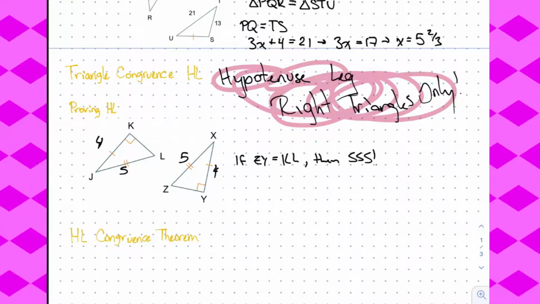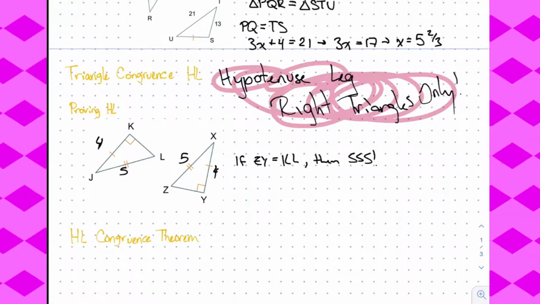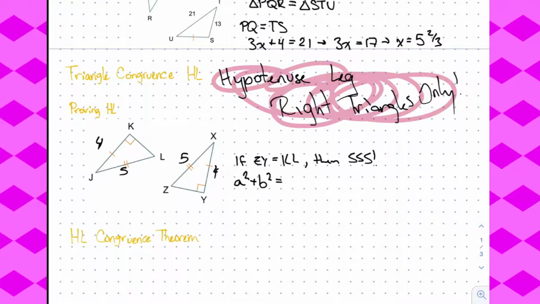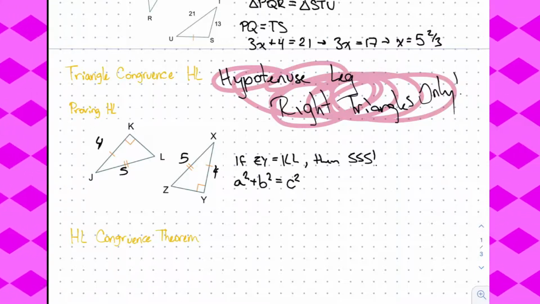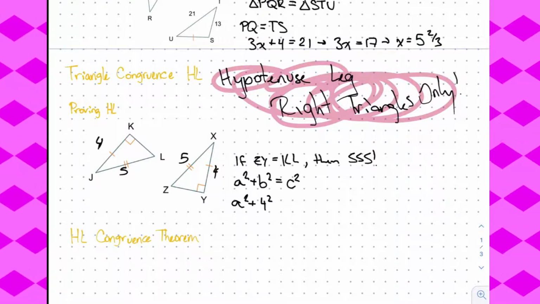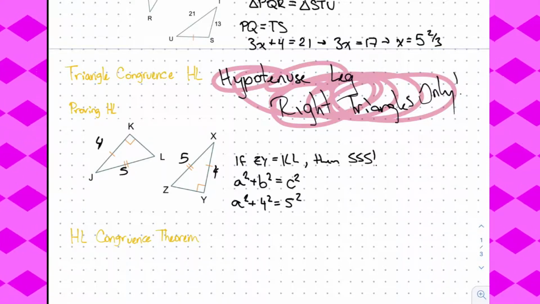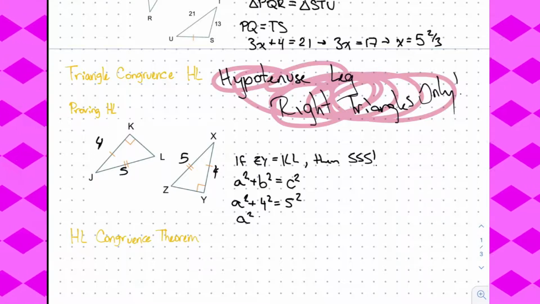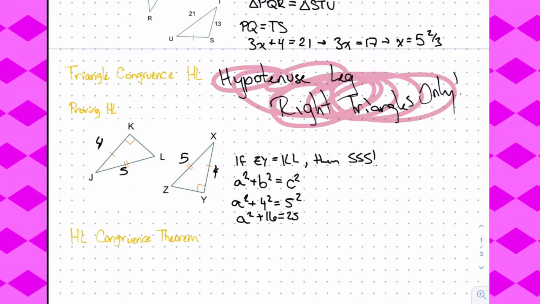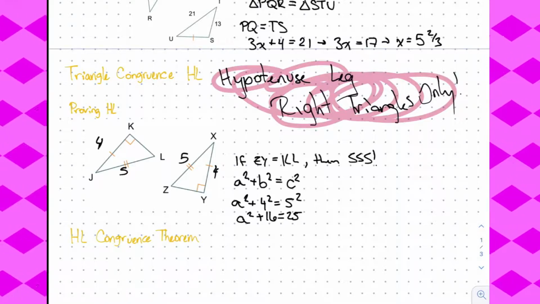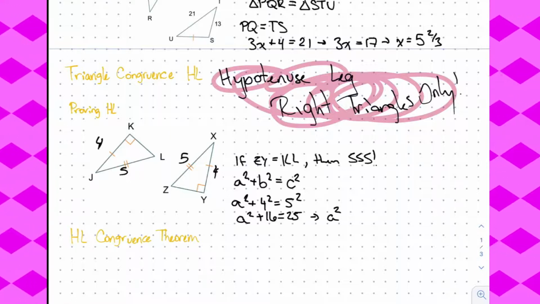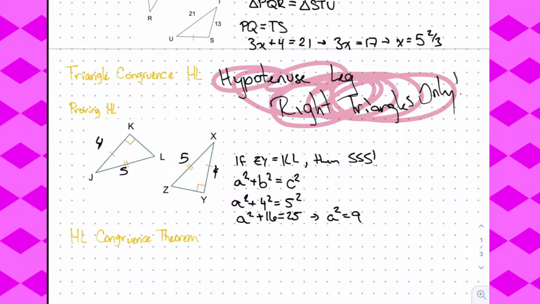So let's use that Pythagorean theorem, a squared plus b squared equals c squared. So I'll plug 4 in for b, I'll plug 5 in for c, right? The hypotenuse always goes in for c. So a squared plus 16 equals 25. Then I'll move that 16 over. We get a squared equals 9, which tells me that a is equal to 3.